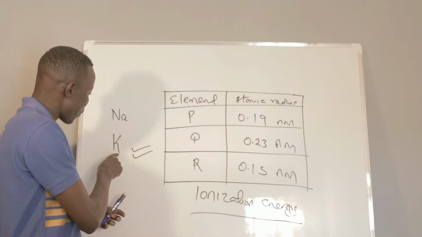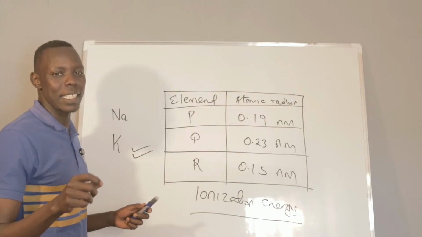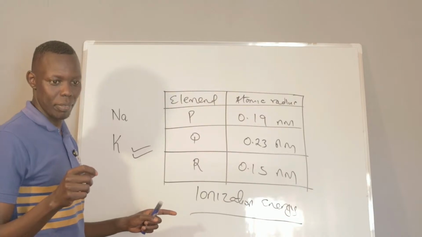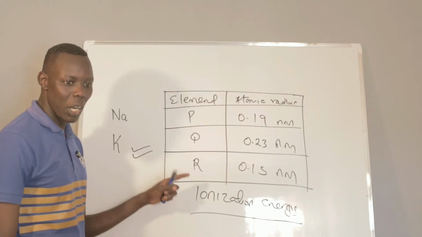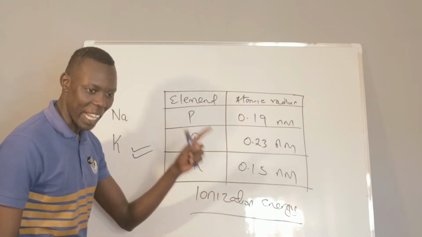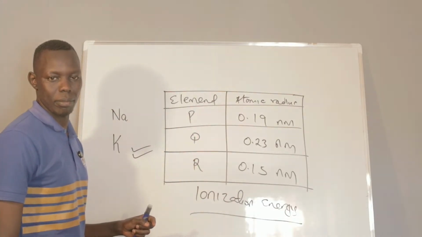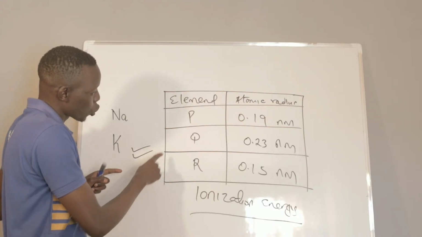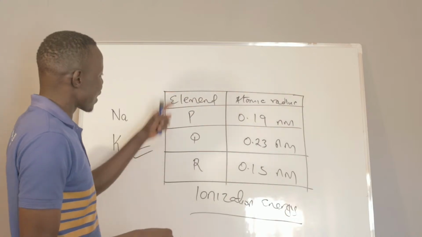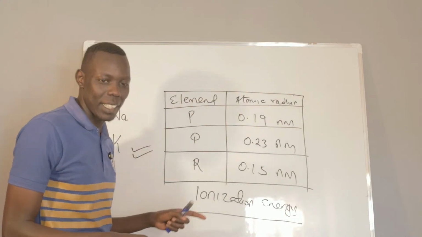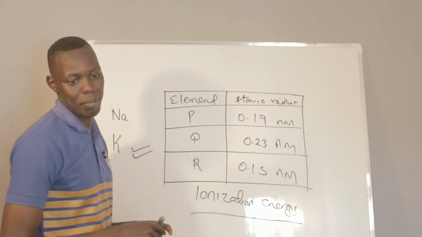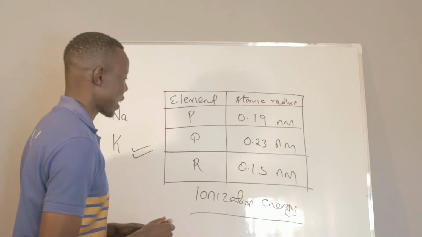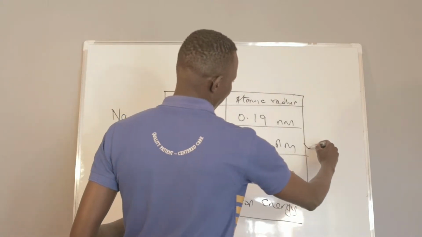So potassium has the least amount of ionization energy, and it is the largest. So the one that is the largest amongst the three should be the one having the highest amount of ionization energy. In that case, it should be Q.